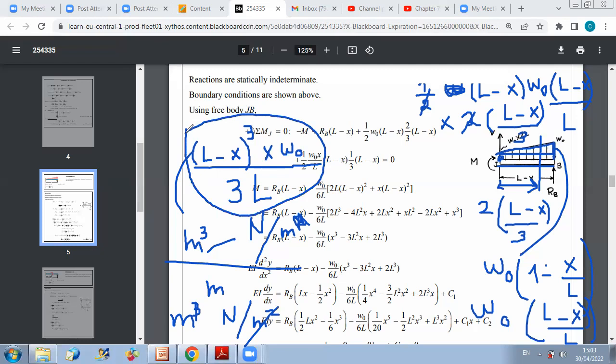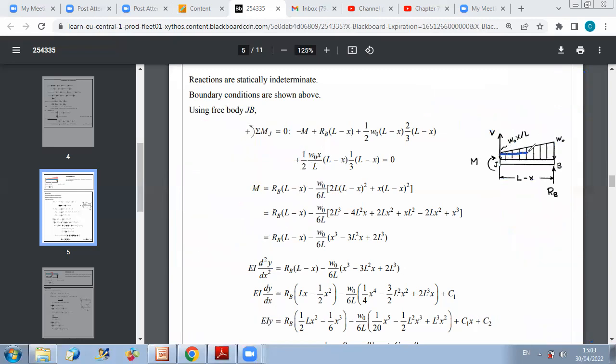Now we should find the expression of the moment created by a rectangular load. For the rectangular load, as we said, the force is equal to omega 0 times x over L times L minus x.